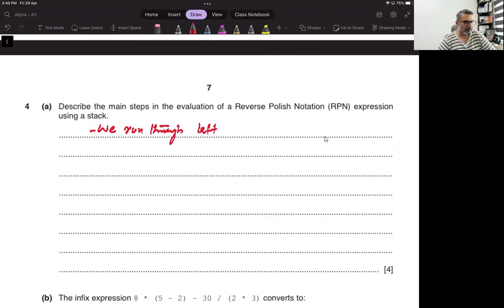If reverse polish notation is left, right, root, let's say it is A B plus, so we have to run through from left to right. This is the first thing. This A and B are operands, whereas this plus is an operator.